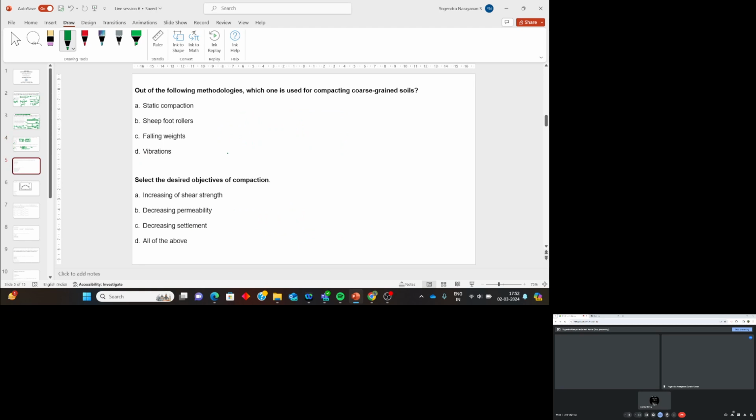Out of the following methodologies, which one is used for compacting coarse grain soils? Sir, D, vibrations. Yes, that is right. So where is static compaction used?